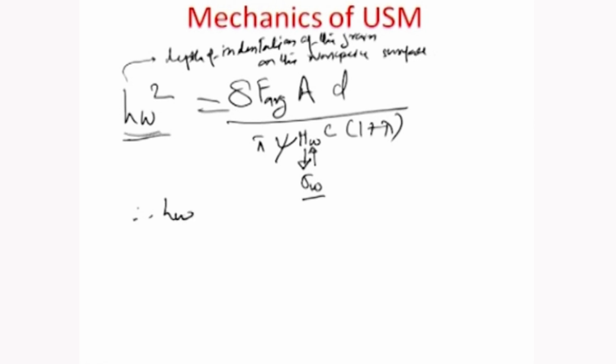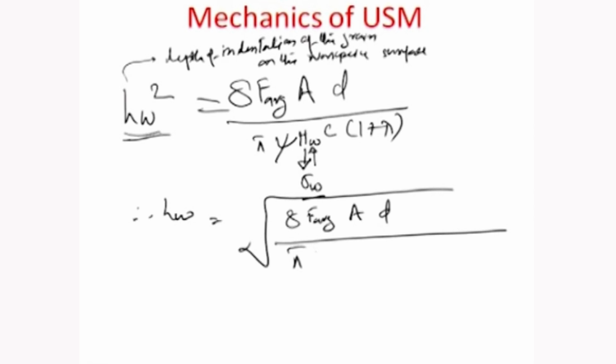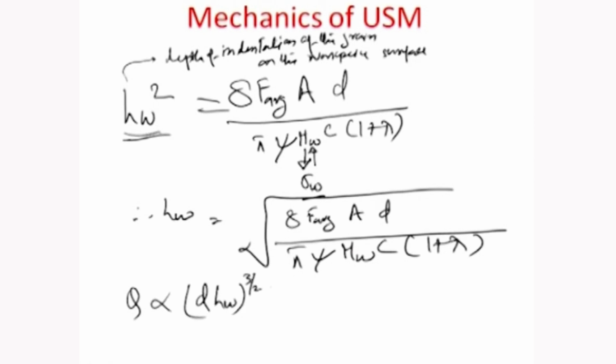So, HW becomes equal to the square root of 8 F average A d divided by pi xi HW C times 1 plus lambda, and if we substitute this value of HW in the equation for Q, you remember Q earlier was determined to be proportional to d HW to the power of 3 by 2 times the value of Z times the frequency nu.